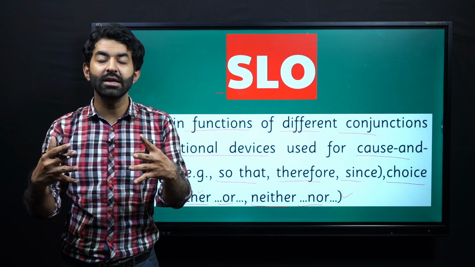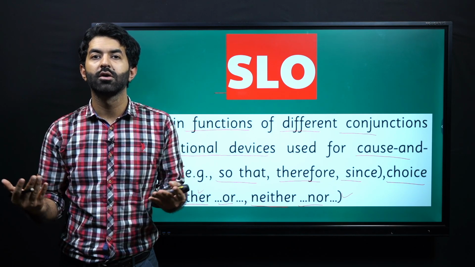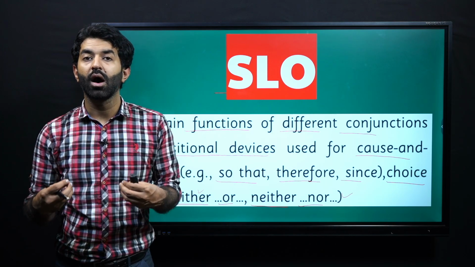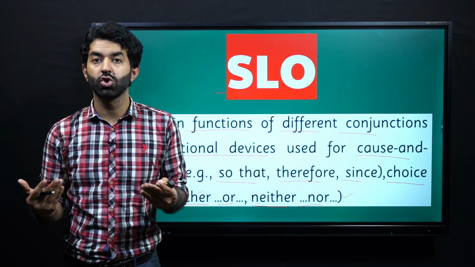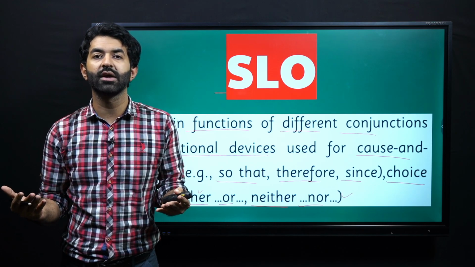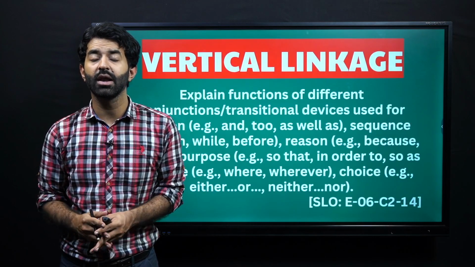When we are connecting, when we are linking things, we use conjunctions or transitional devices. So today we will see what the words or devices are that show cause and effect, and what the conjunctions or transitional devices are that show choice. So let's get started with our lecture, students.